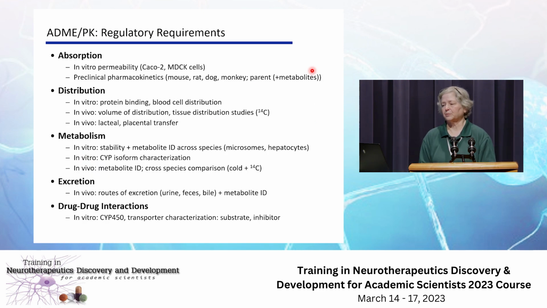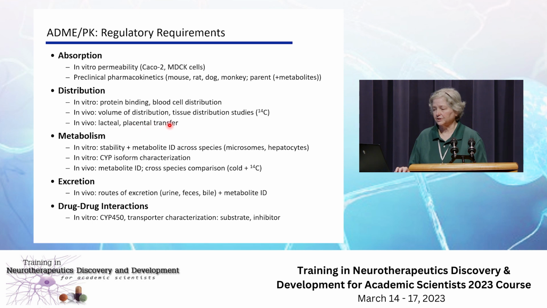So this is just a summary of the ADME profiles that as you move forward into development, there'll be an expectation that you understand and can define many of these properties. You don't have to know everything all at once. But to get to an IND, we're going to want to understand the permeability, the pharmacokinetics in several species. We're going to want to understand the protein binding.